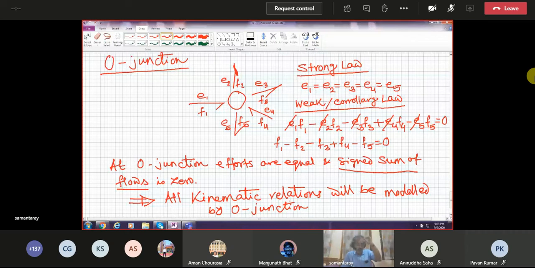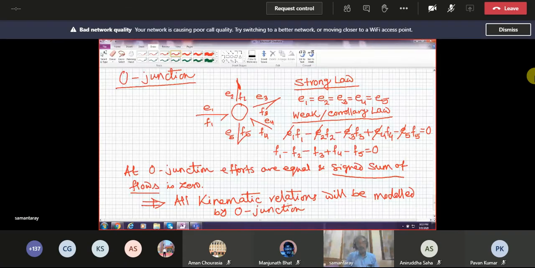We cannot actually write any kind of good kinematic relation yet, because we have not yet introduced some elements. We'll see, most of the time your mechanical system models will be developed from the kinematic relations only. You do not have to write force balance equations, because here the power is conserved.